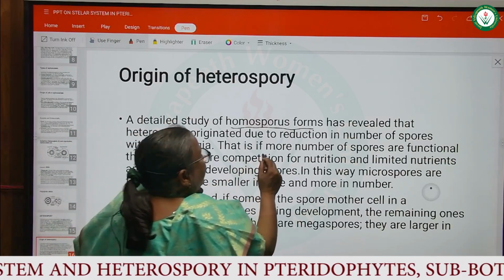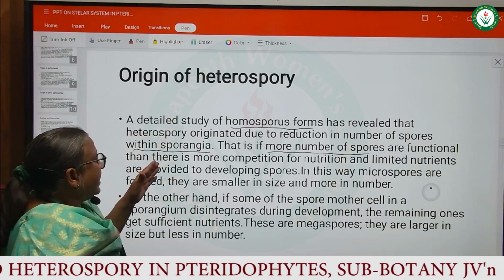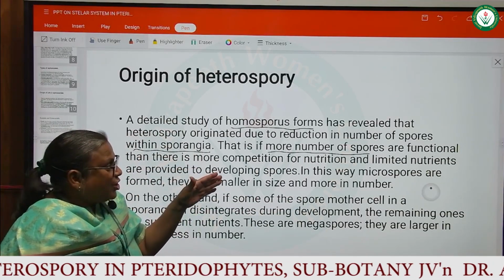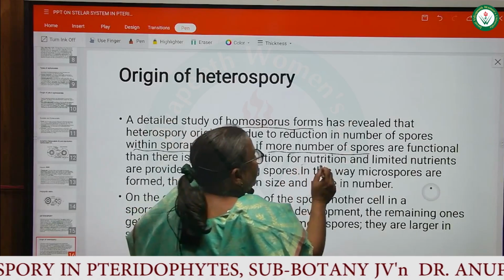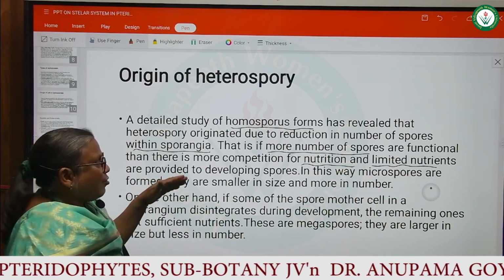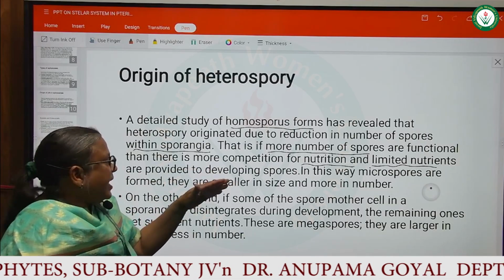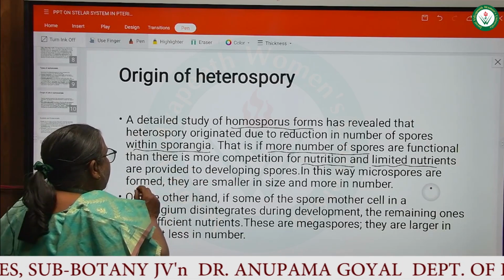That is, if more number of spores are functional, then there is more competition for nutrition and limited nutrients are provided to developing spores. In this way, microspores are formed.